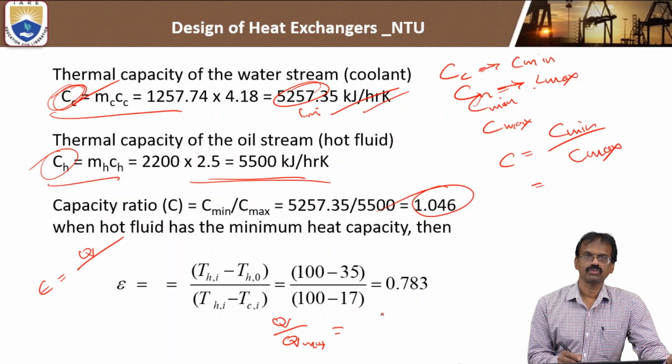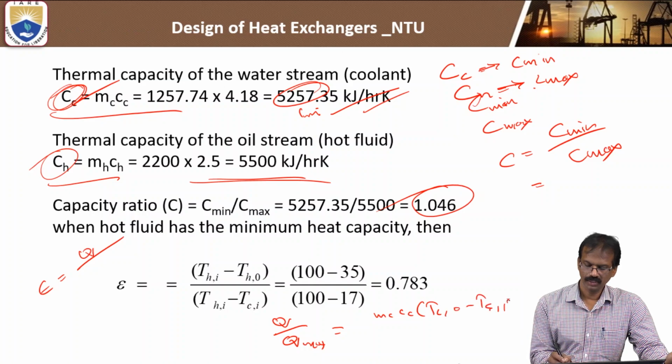So Q by Q max, where Q is equal to MC CC into (TCO minus TCI). MC CC is nothing but capital CC.